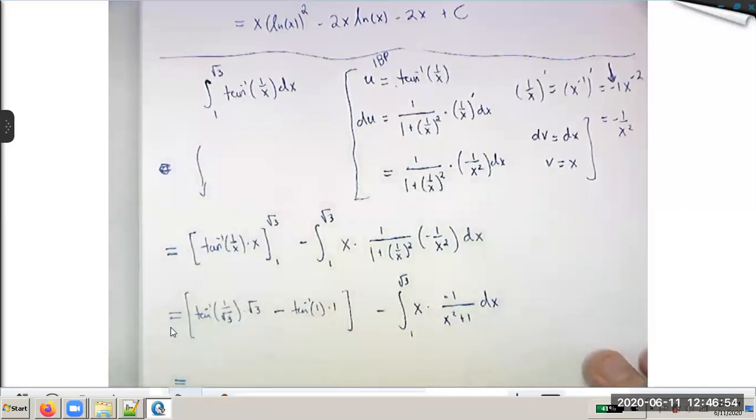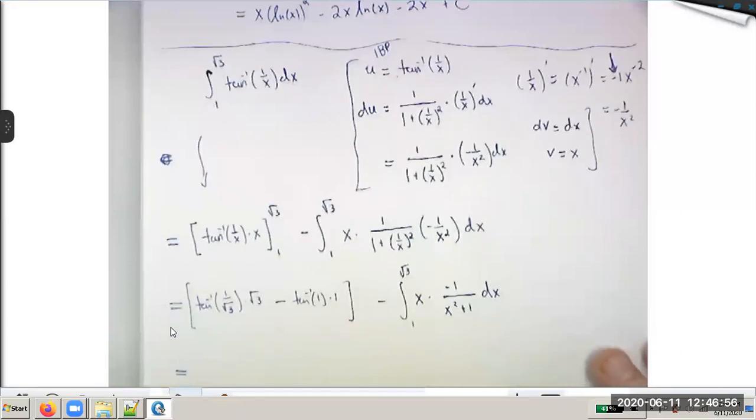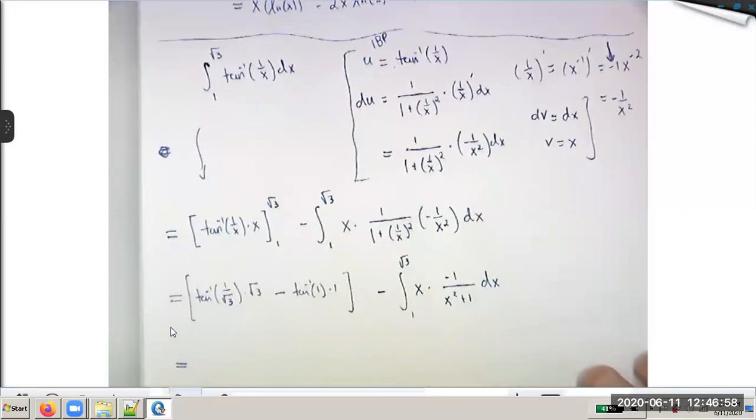The arctan of 1 over root 3. Goodness, it's been a while since I've done it in radians.